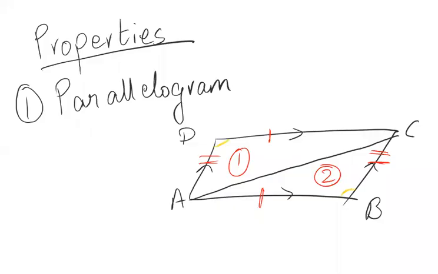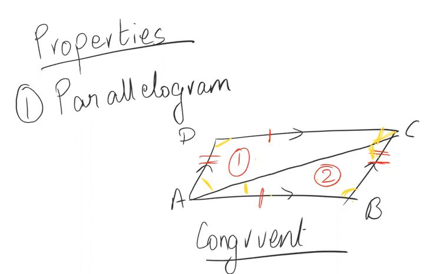This angle is equal to this angle. So by the angle side angle theorem, you can prove these two triangles are congruent. Or you can also use alternate interior angles: this angle is equal to this angle, and this angle is equal to this angle. To know about congruent triangles, watch my previous video which discusses triangles and congruency.